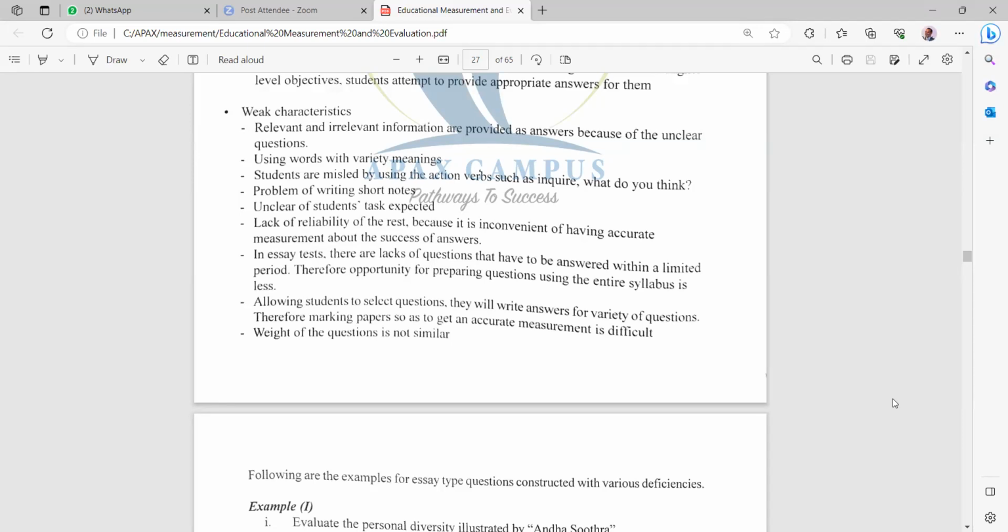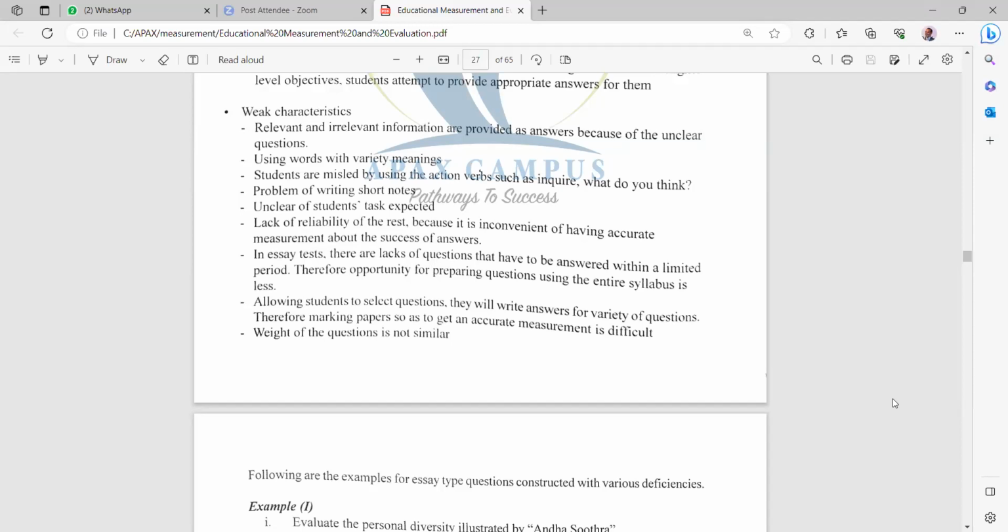In an essay test, there is a lack of questions that can be answered within a limited period. Yes. So even if it's a 3-hour paper, for long writing answers, the maximum number we can give is 6, giving half an hour for each question. Right.